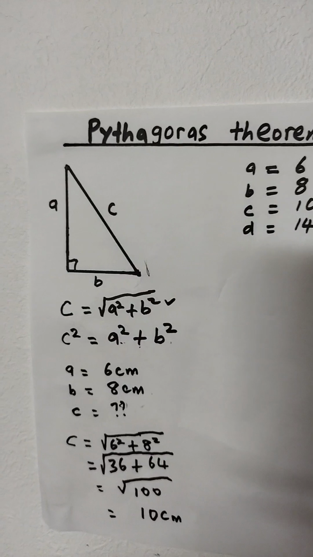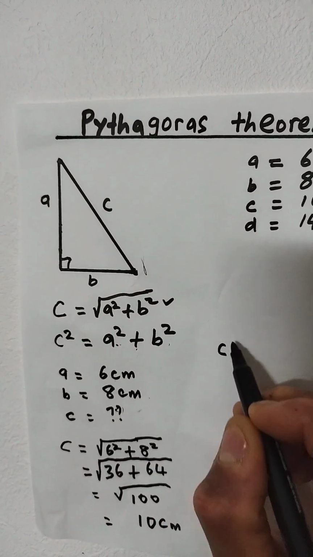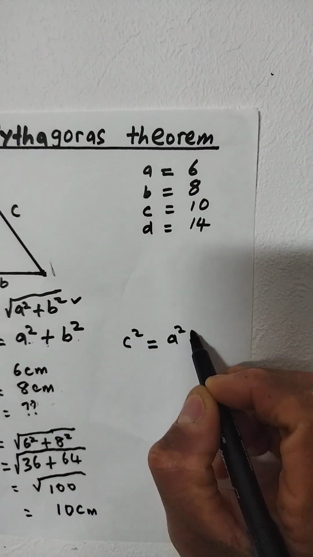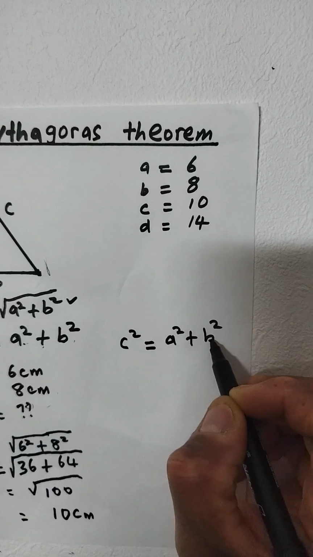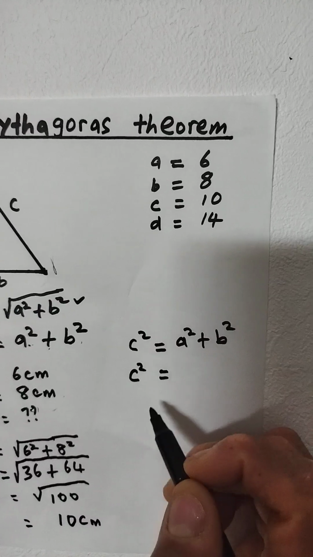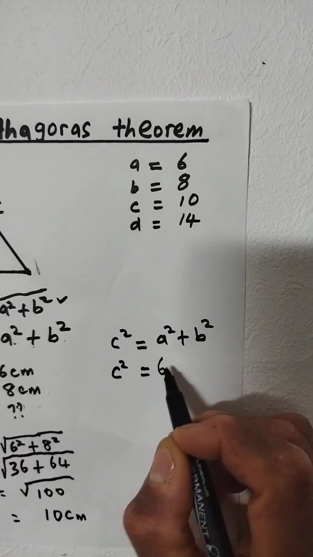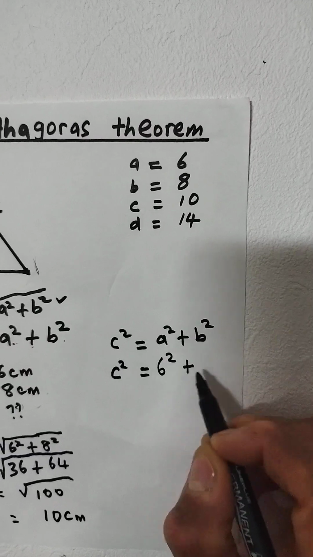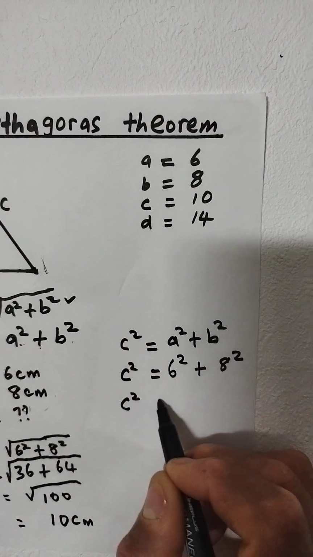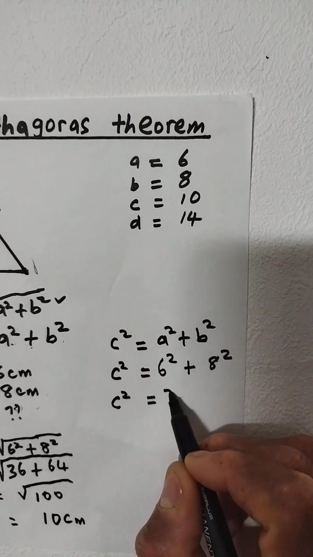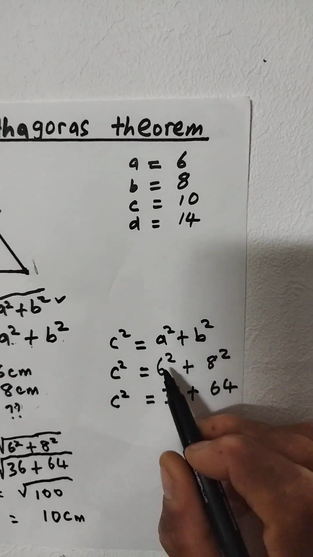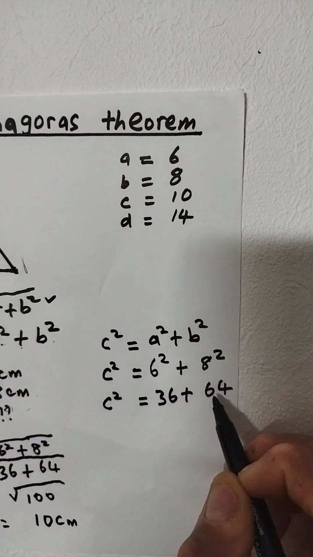Okay, let us use the other formula. C squared is equal to A squared plus B squared. C squared is equal to 6 squared plus 8 squared. C squared is equal to 36 plus 64, because 6 squared is 36, 8 squared is 64.